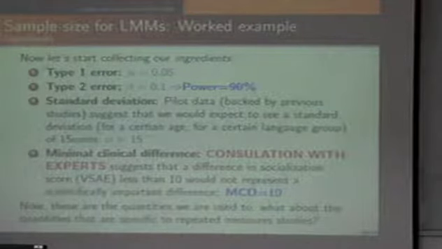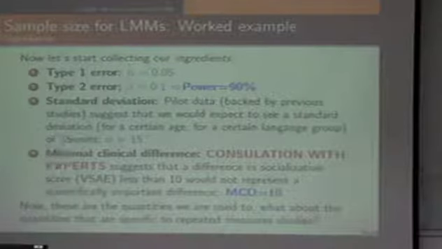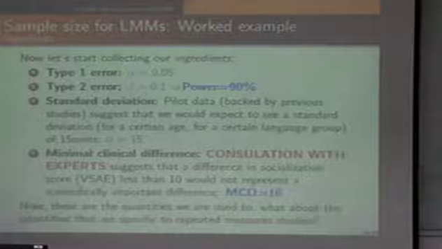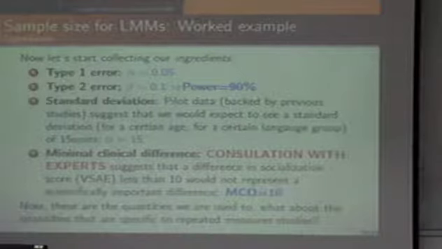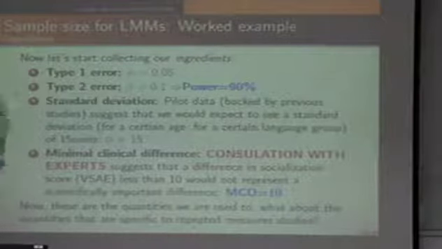I'm going to say that's my minimal clinical difference. Minimal clinical difference is a scientific quantity, not an empirical quantity. What do I mean by that? It's a scientifically important difference. It has nothing to do with what Smith observed, which may or may not be important.